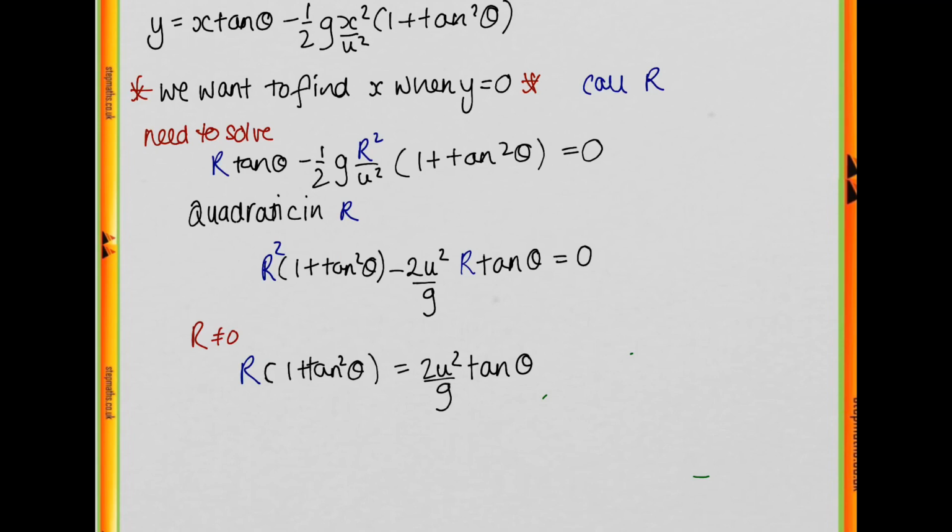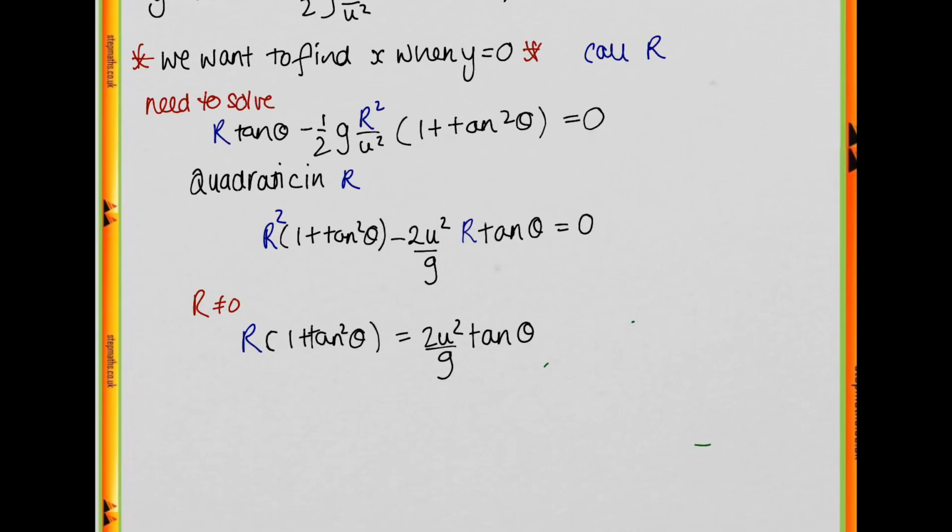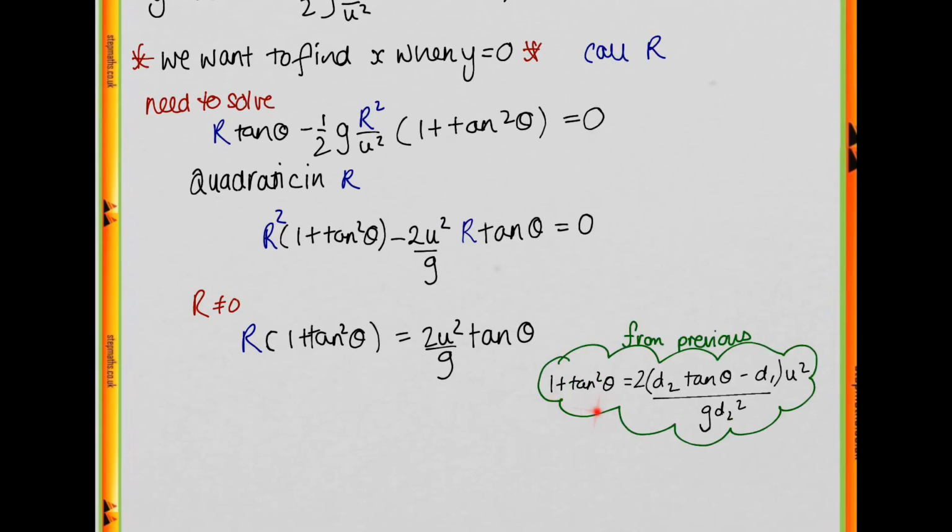Now we know what tan theta is in terms of d1, d2 from before, but first of all, let's deal with this side, the 1 plus tan squared theta. Can you think of a way to simplify this expression to get rid of the more complicated terms? Something that we've done before. Okay, so from before, we worked out that 1 plus tan squared theta is indeed this expression in d1, d2, u squared, g, and tan theta.